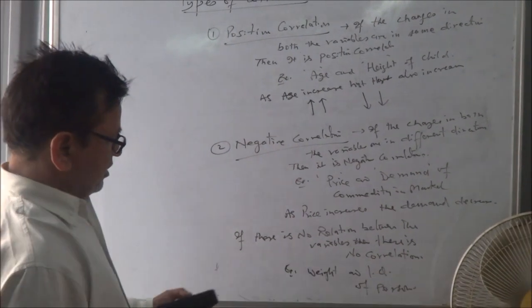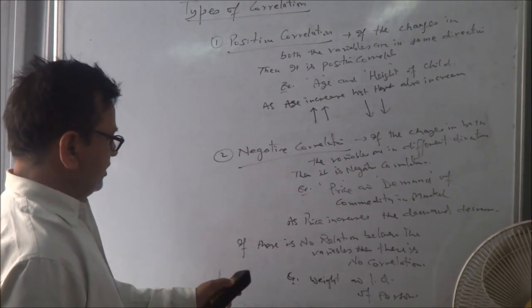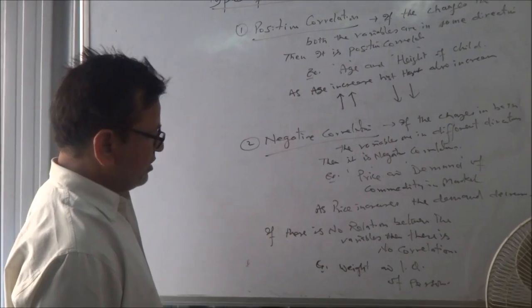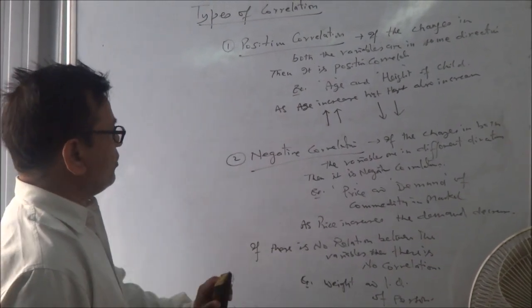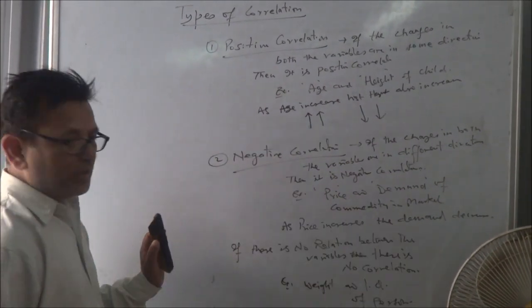Weight is not affected by IQ. So this is the example where correlation does not exist. This is called no correlation. So these were the types of correlation.